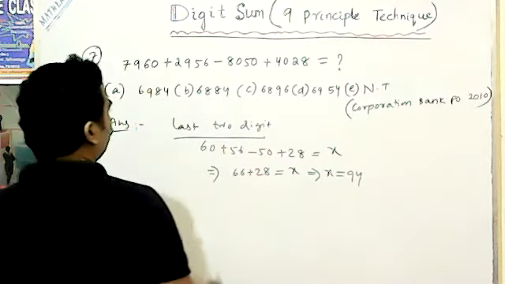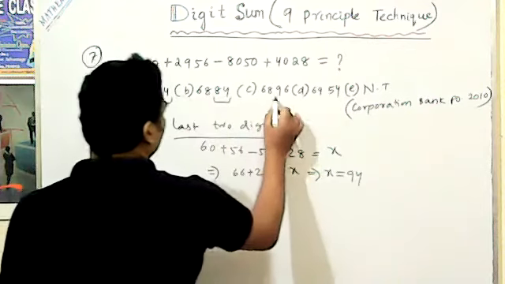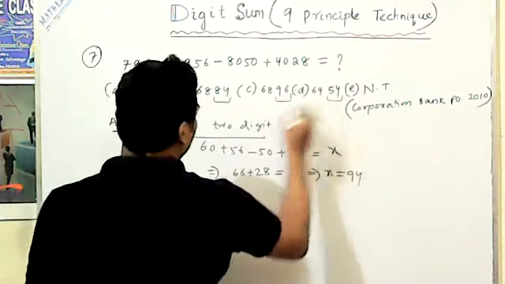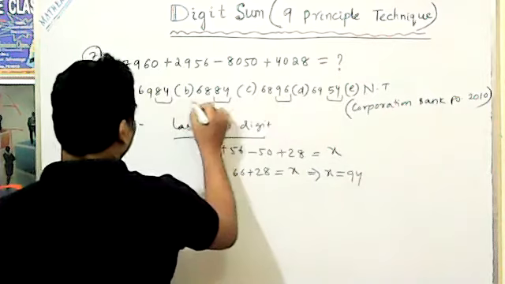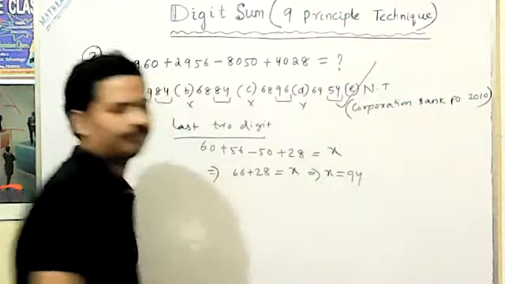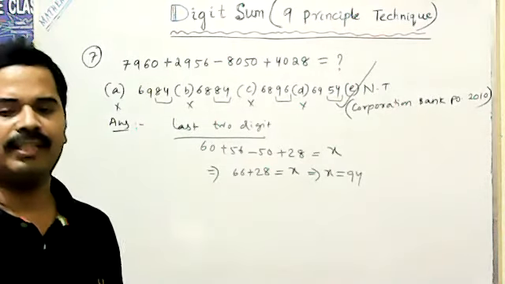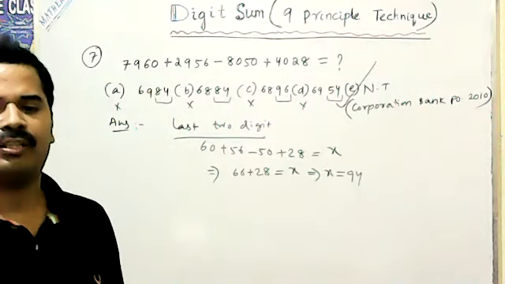So x is 94, which means the last two digit number 94 will come. So that's why these options are not correct. So the answer is none of these. None of these is the answer. So that's why the option is not there.